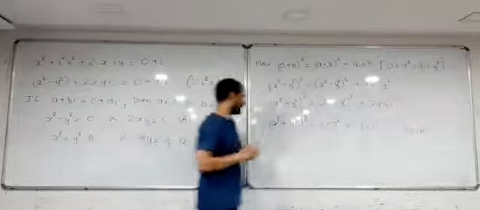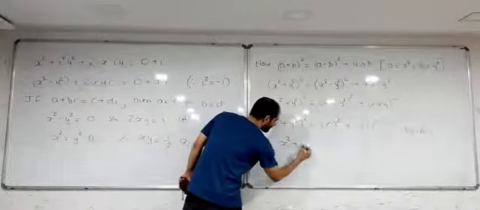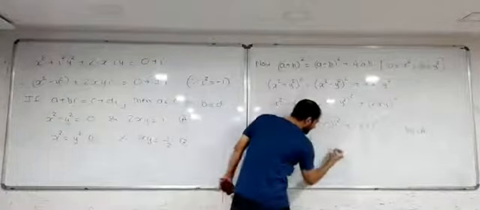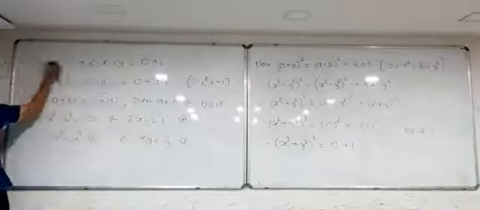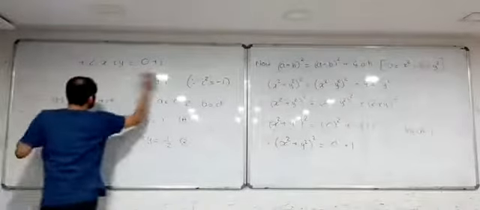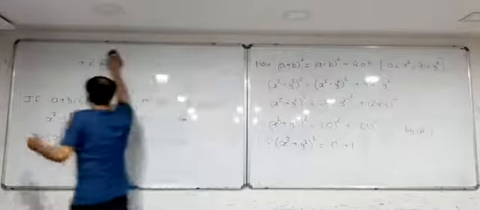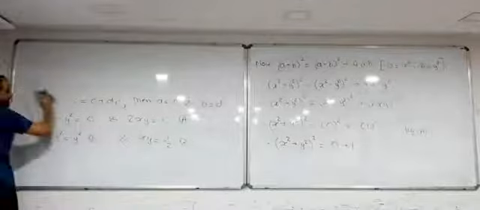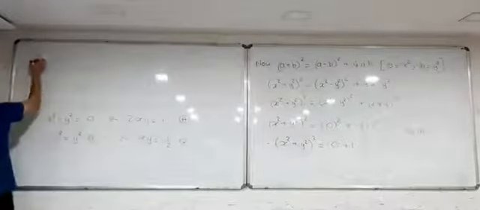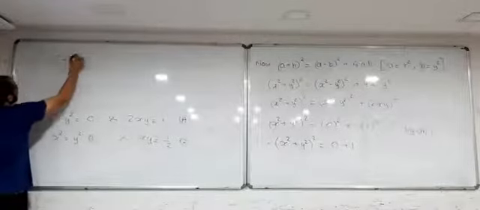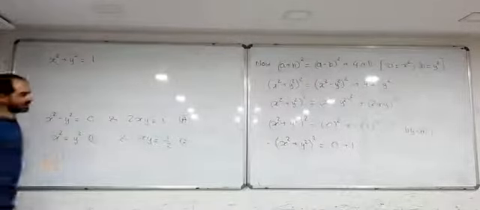Okay, now expand. x square plus y square the whole square कितना आता है? 0 plus 1, so it is 1. And sum of the squares, x is a real number, y is a real number, so x square plus y square is greater than or equal to 0. So x square plus y square will be positive root of 1, which is 1. So x square plus y square is 1.